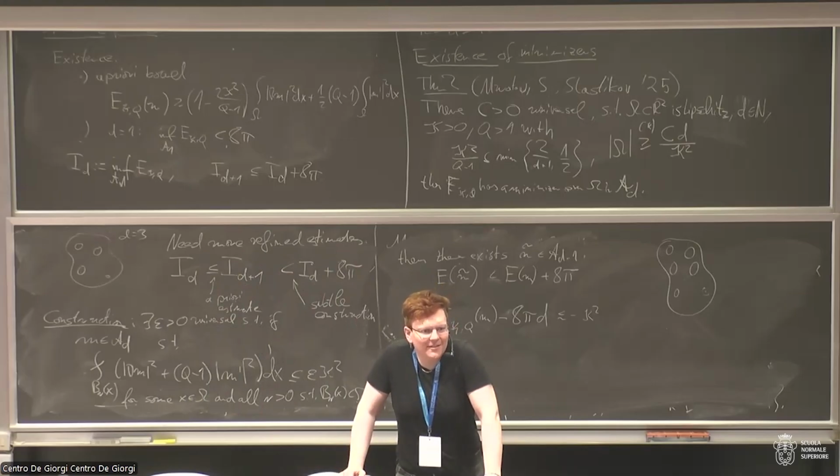Is this pretty well known from theory, or is it something new? I'm not sure if anybody wrote it down, but it's well-known folklore, I'd say. It's known. Maybe Etienne could comment on this, because you know exactly the minimizer.